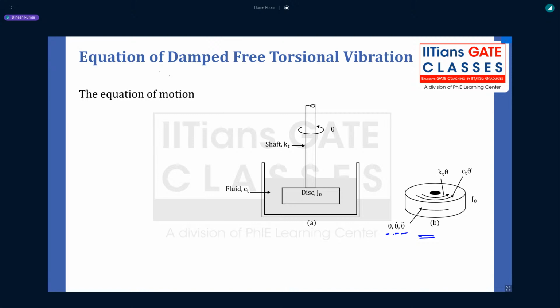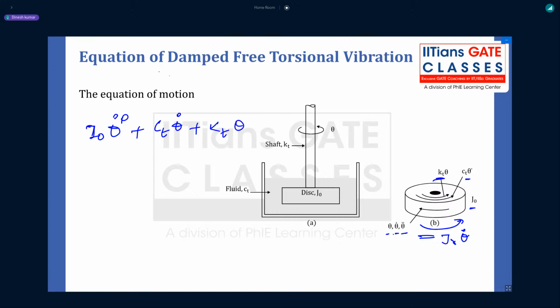You will have the inertia force, which will be J naught theta double dot, in the opposite direction of the motion. Then this is the spring force, again in the opposite direction, and this is due to velocity. So the equation of motion will be J naught theta double dot plus Ct theta dot plus Kt into theta.